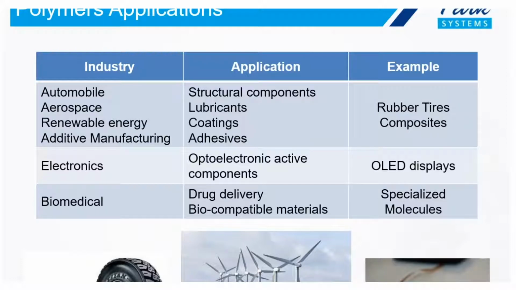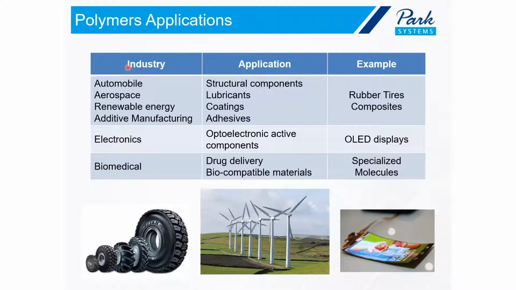One moment, please. So, a little overview about polymers and their applications. Basically, applications of polymers are too numerous to list. I've made kind of an overview of major industries and applications with some examples.